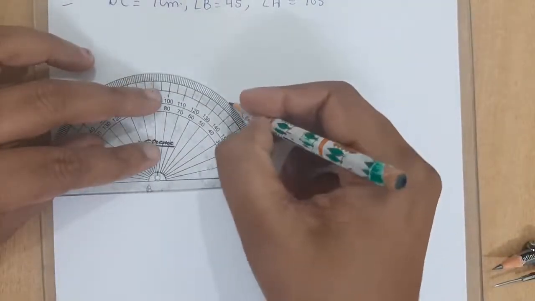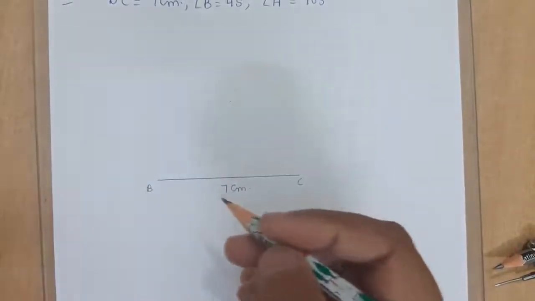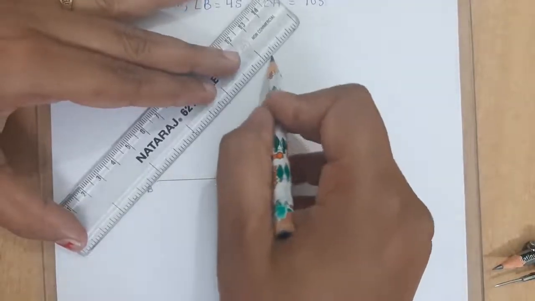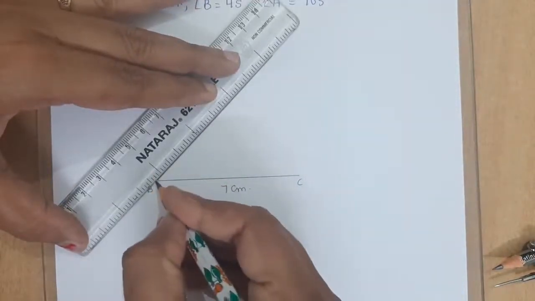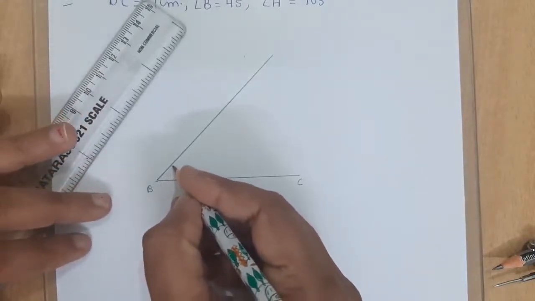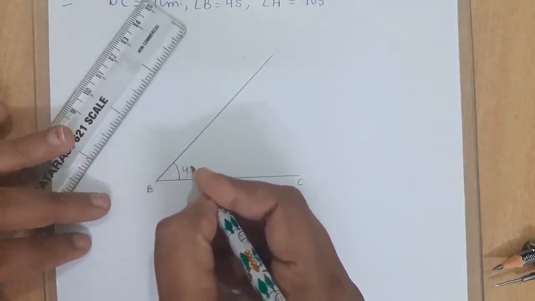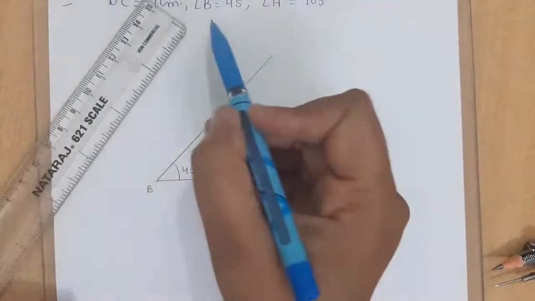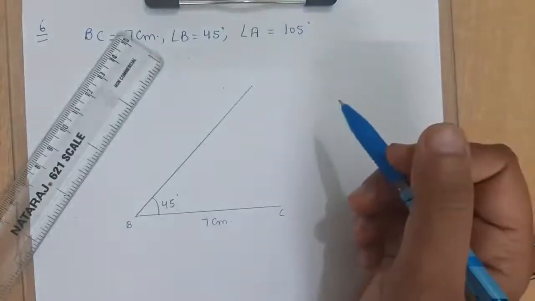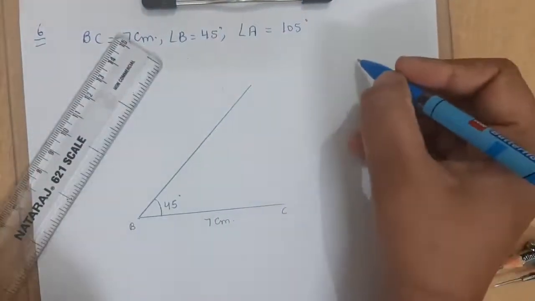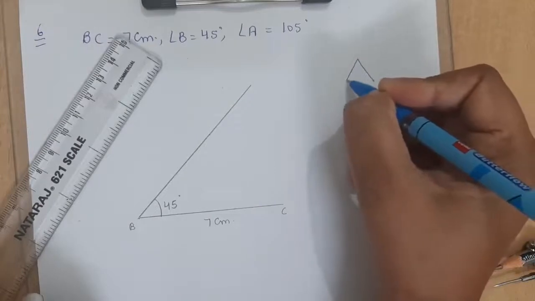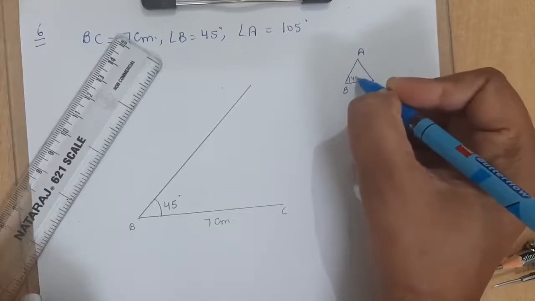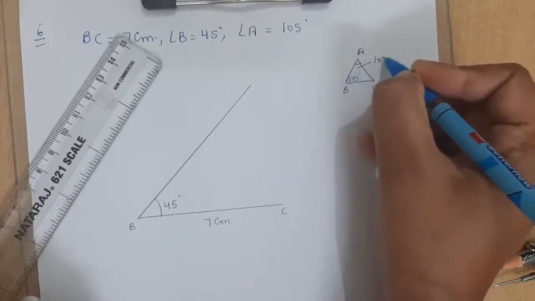This is an angle of 45 degree. Now dear students, angle B is given, angle A is given. Let it be triangle ABC. This angle is of 45 degree, this angle is of 105 degree.